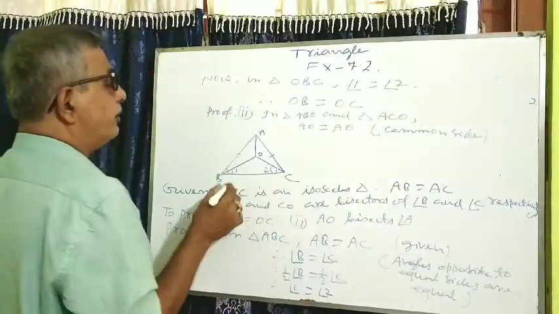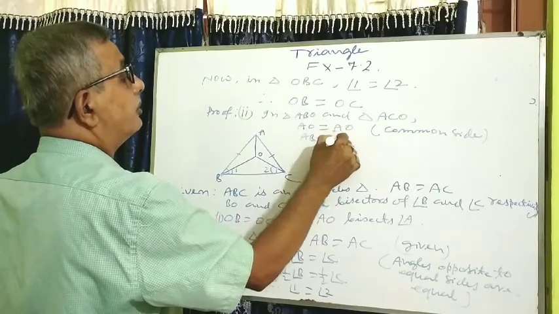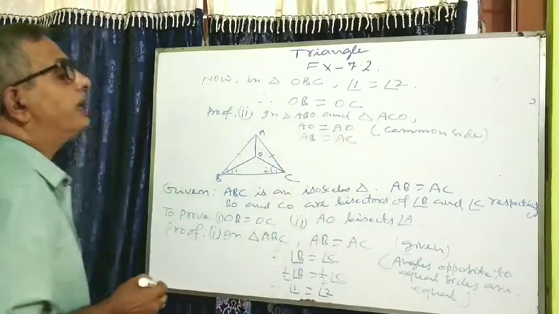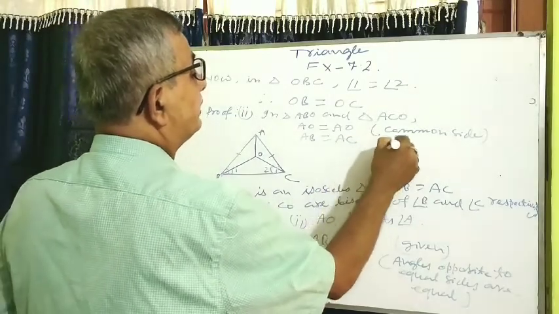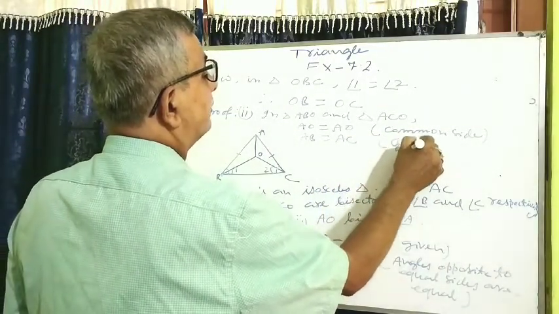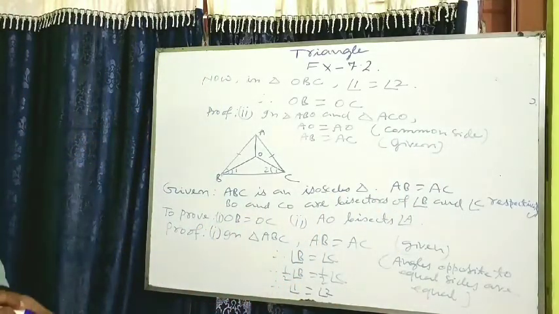Okay. Then one more. AB is equal to AC. From where did I get AB is equal to AC? AB is equal to AC, given. Okay. One more thing is required.